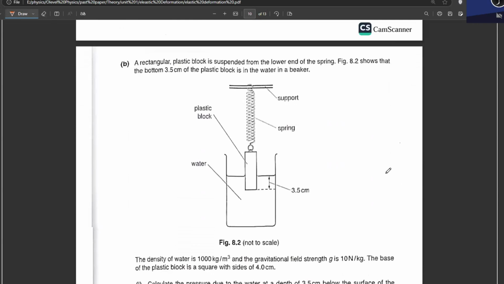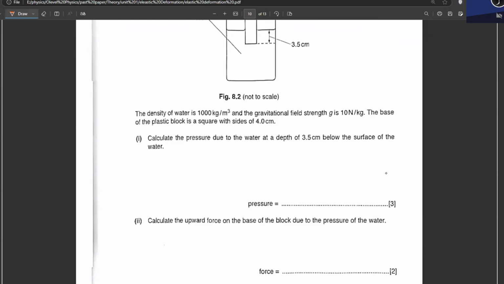A rectangular plastic block is suspended from the lower end of the spring. Figure 8.2 shows the bottom 3.5 centimeter of the plastic block in the water in a beaker. The density of water and the gravitational field strength are given, and the base of the plastic block is a square of side 4 centimeter.